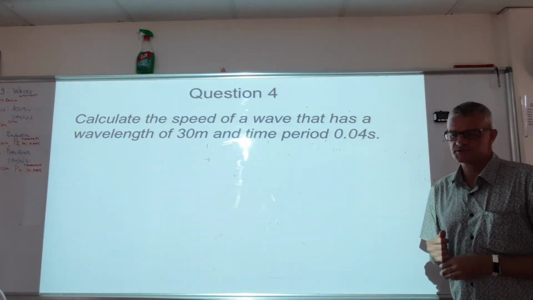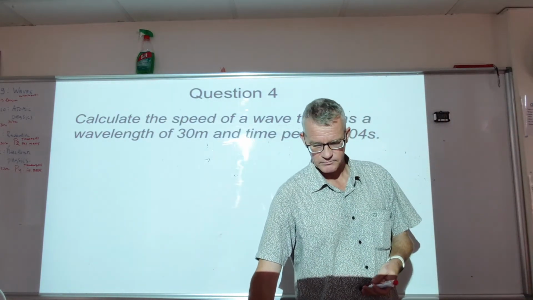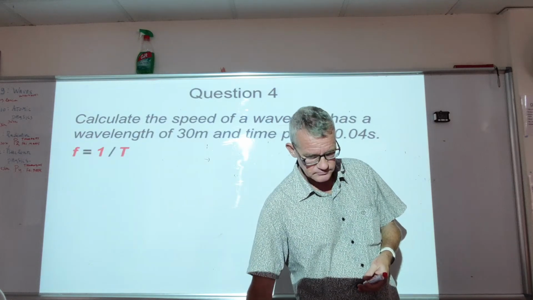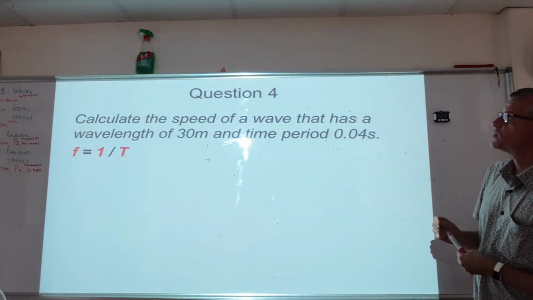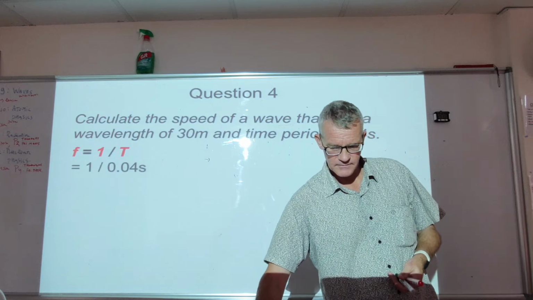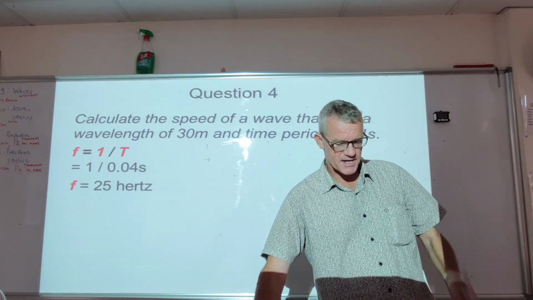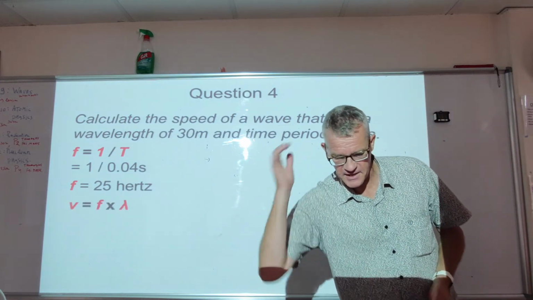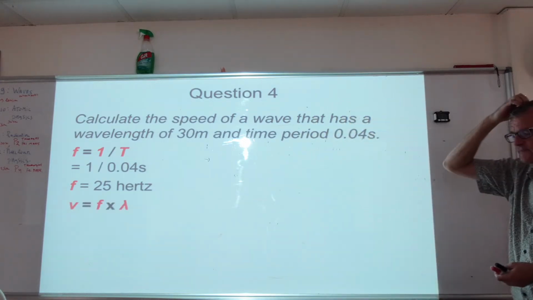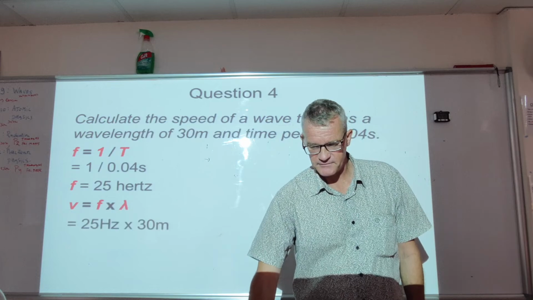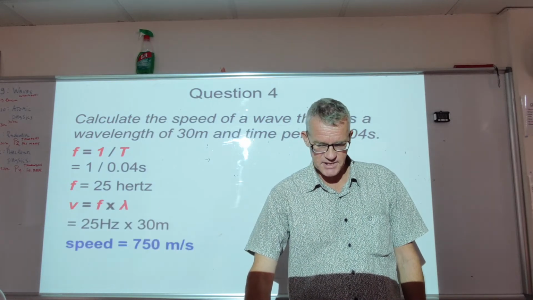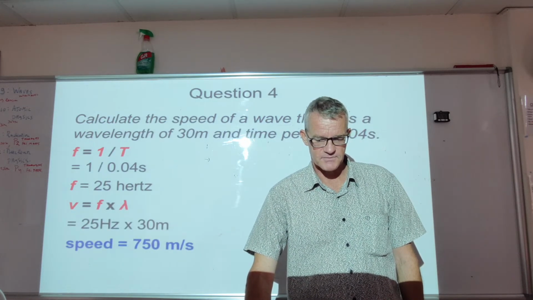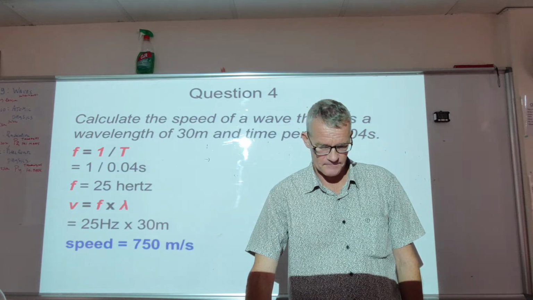Pause the video and answer the question. F is 1 over T, 1 over 0.04 seconds. F is 25 hertz. V is F times lambda, is 25 times 30 is 750 meters per second. Okay?